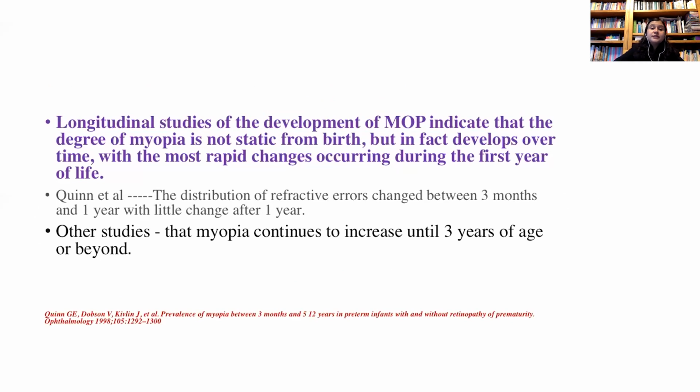The longitudinal studies of the development of myopia of prematurity indicate that the degree of myopia is not static from birth, but develops over time, and the most rapid changes occur during the first year of life. Quinn et al. in their study reported that the distribution of refractive error changed between 3 months and 1 year, with very little change after 1 year, while other studies report that myopia continues to increase until 3 years of age and even beyond that.